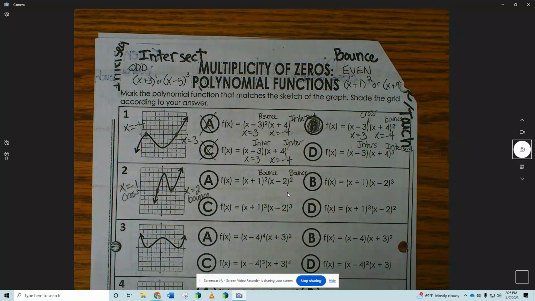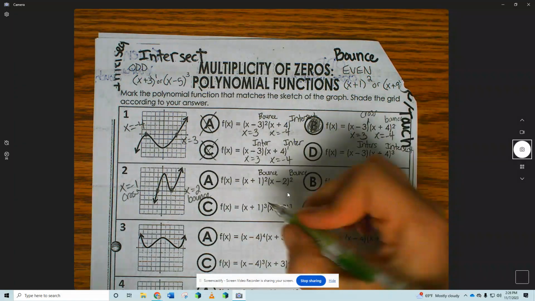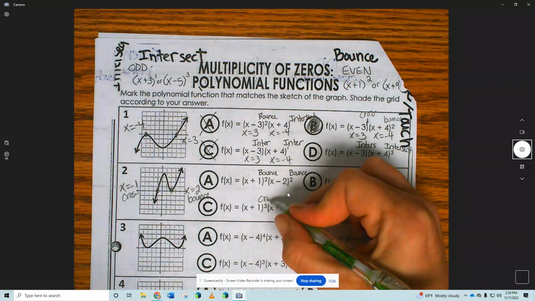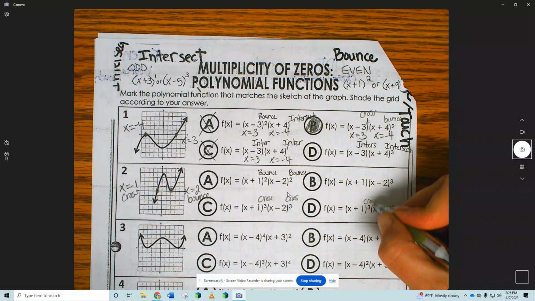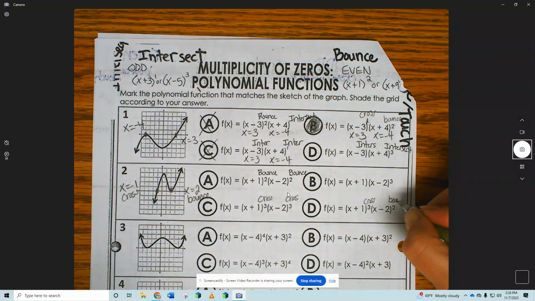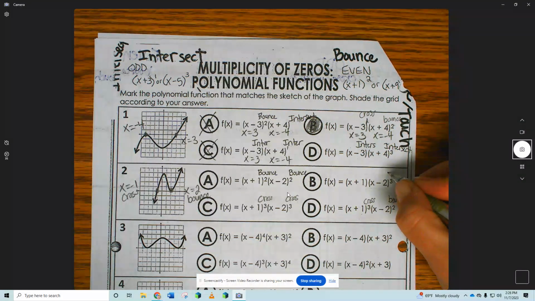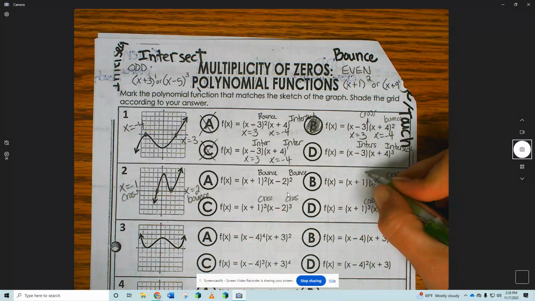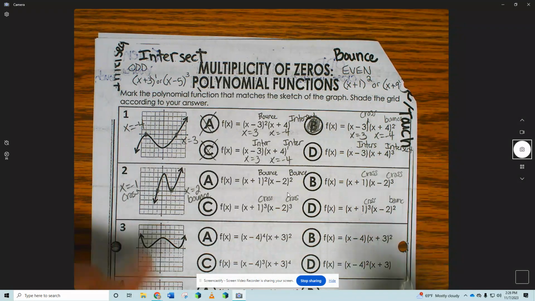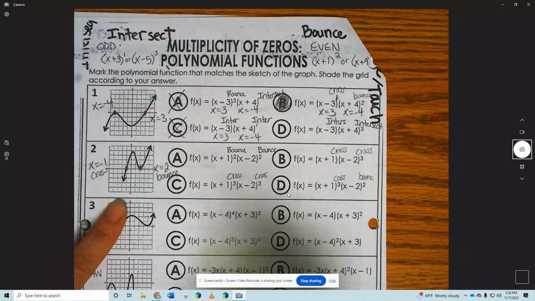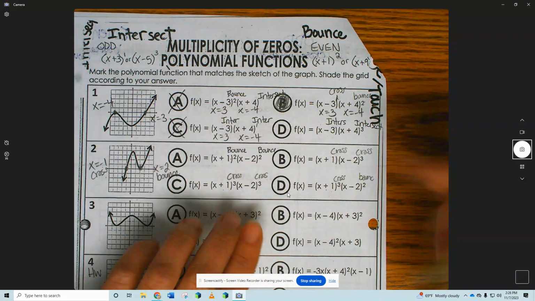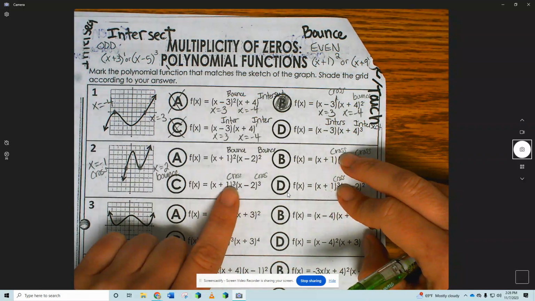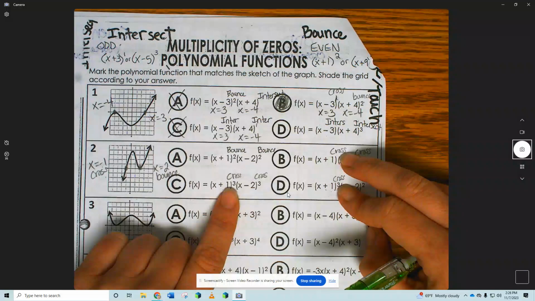Even exponents mean bounce. Okay, which one is it? At -1, it's supposed to cross. These 3 cross at -1, look. Right? But at 2, I need it to bounce.